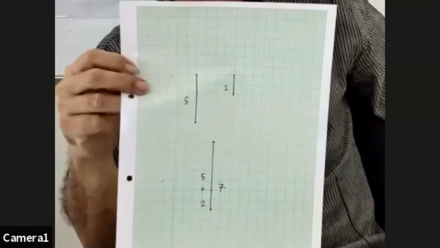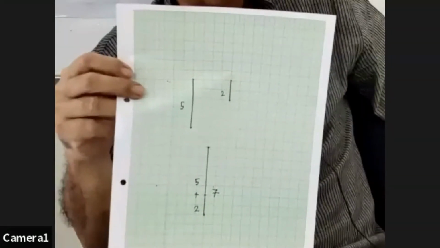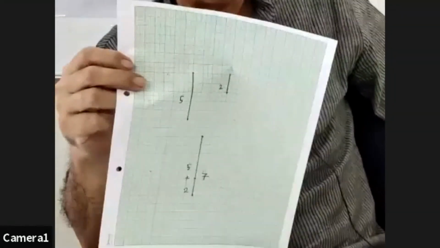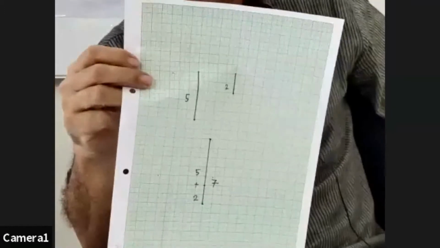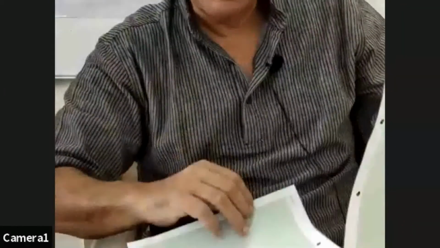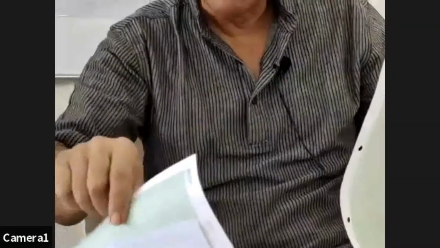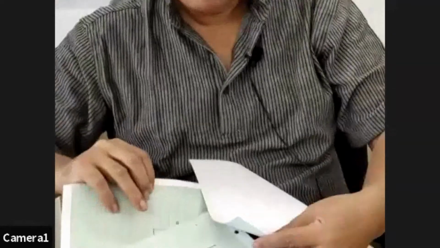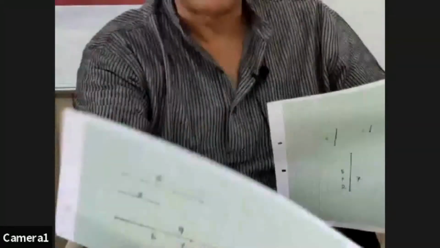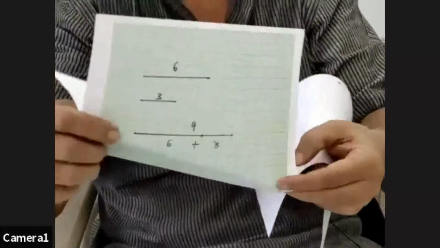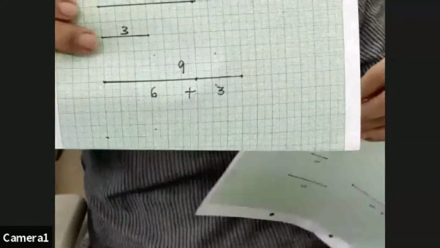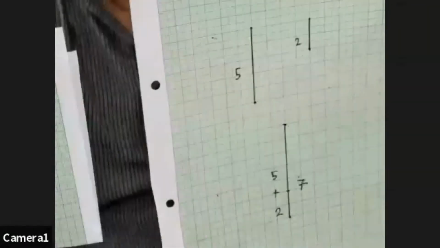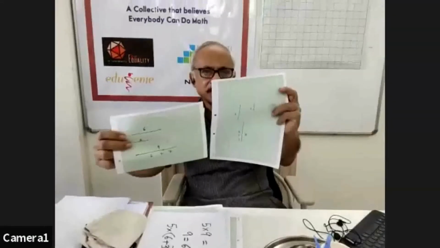But also, I have drawn slightly differently. What is different between this 9 is equal to 6 plus 3 and this 7 is equal to 5 plus 2?